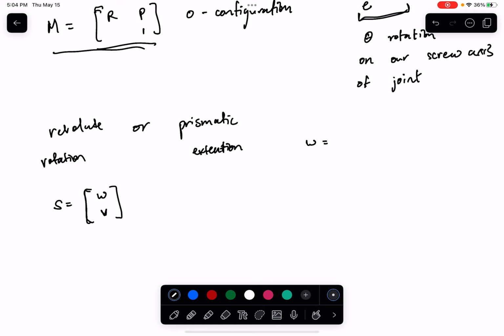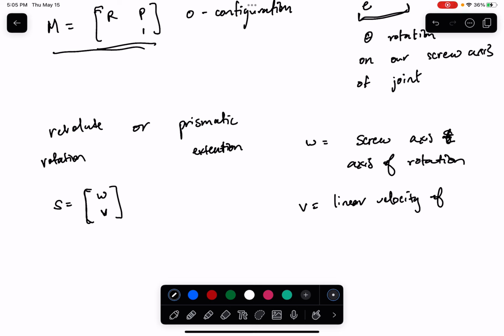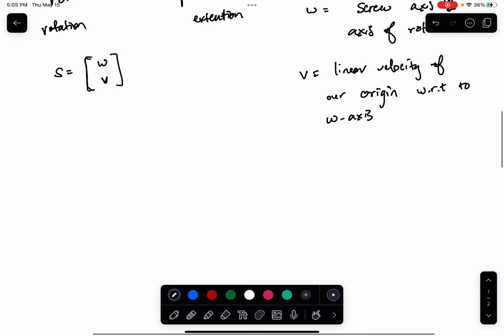And omega is the screw axis, also the axis of rotation essentially, and v is the linear velocity of our origin with respect to our screw axis. So let's kind of visualize this.